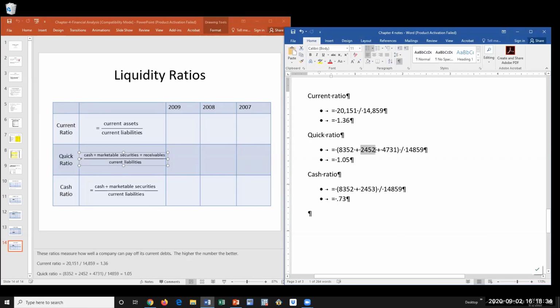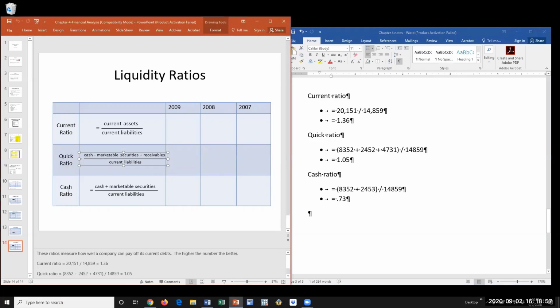We've got short-term investments or marketable securities from the balance sheet, and then we have accounts receivable. What is that divided by all the current liabilities? If the number's over 1.0, then the company seems to have enough short-term money to pay off all their current liabilities this year.